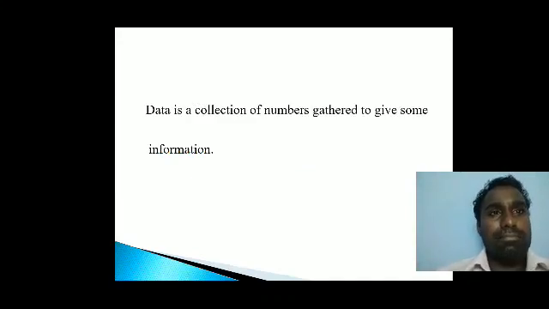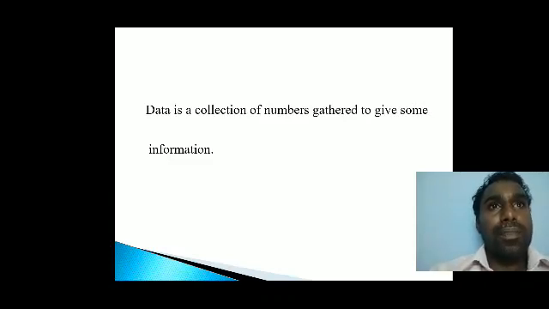Some numbers we gathered, it may be numbers, it may be pictures, whatever it is, but for any one purpose we have to collect that information, which will be arranged in a linear manner.